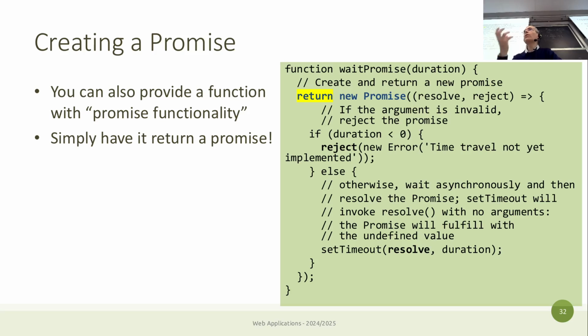We cannot execute the asynchronous operation. Or we call the resolve when we have executed the asynchronous operation. In this case, there's nothing that we like to do except waiting.